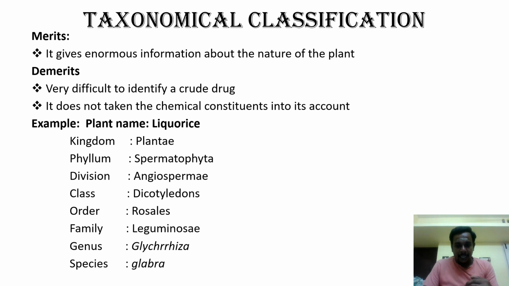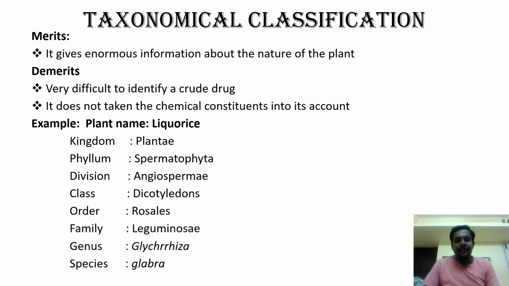Since our plant licorice is a seed bearing plant and a flowering plant, it is kept under Spermatophyta phylum and Angiospermae division. Now again, there are many classes. Licorice is coming under Dicotyledon class.